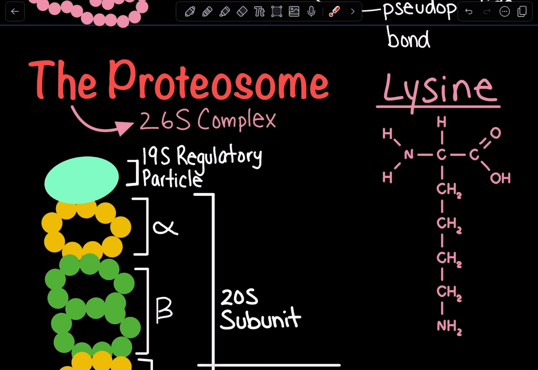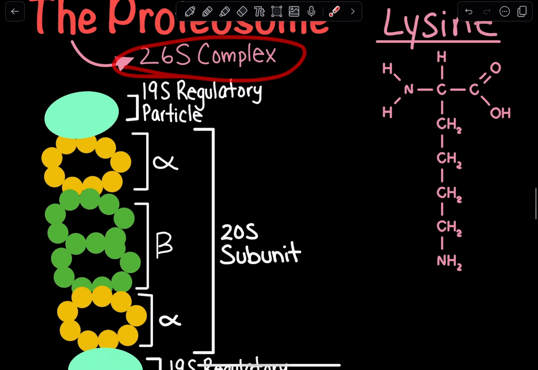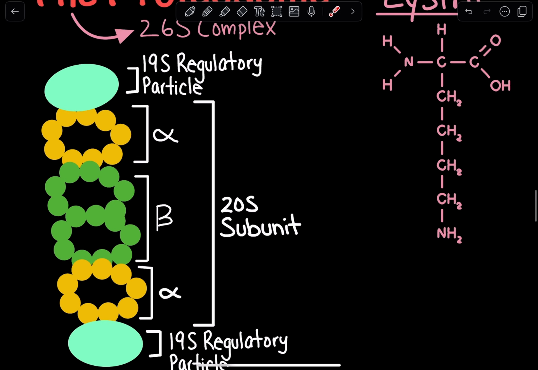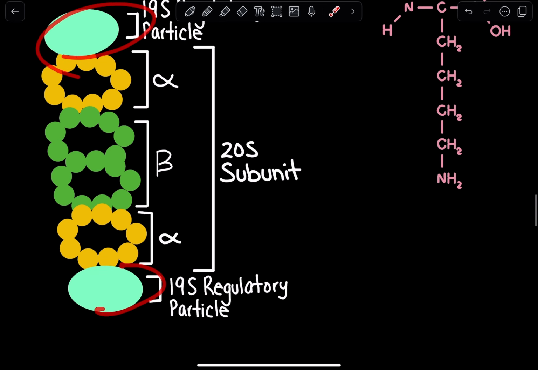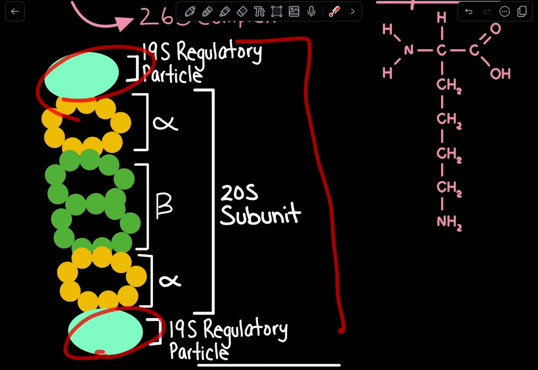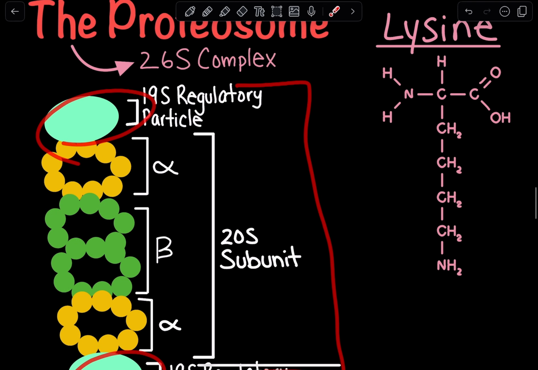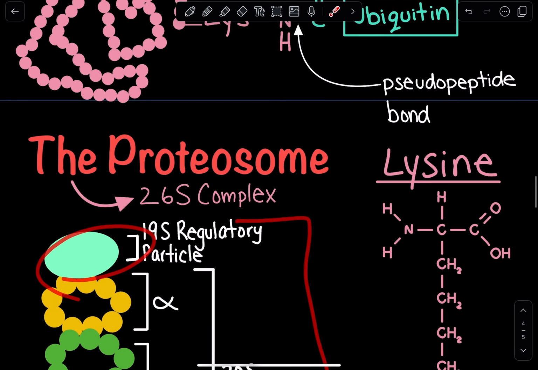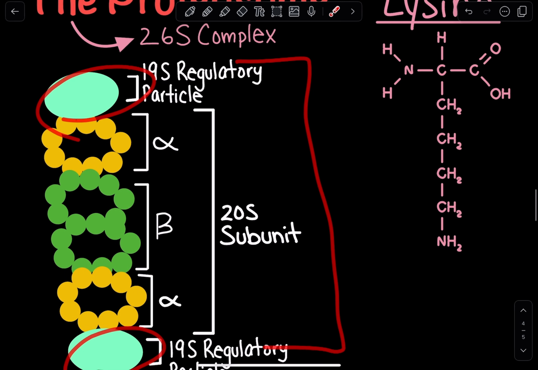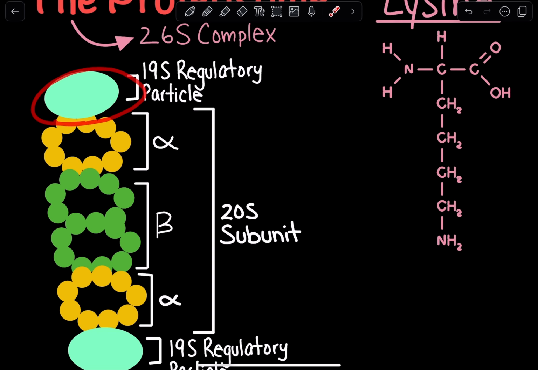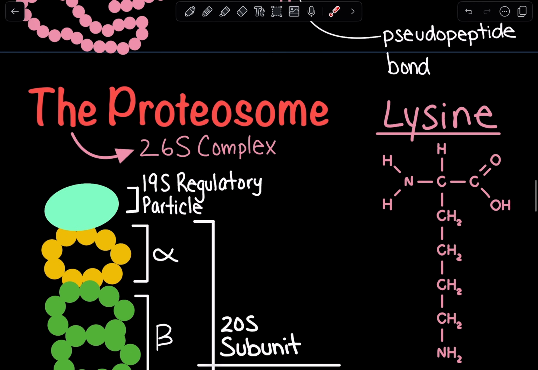Now, the proteasome is a 26S complex comprising of alpha rings and beta rings, which make up the 20S subunit. And then we have the 19S regulatory particle up here and on the bottom. And overall, this is the 26S complex. Now, what happens is that the 19S regulatory particle is what recognizes the protein.